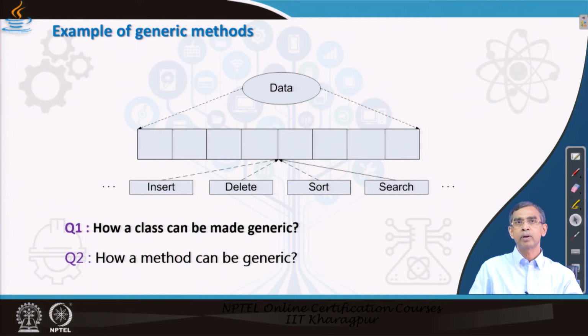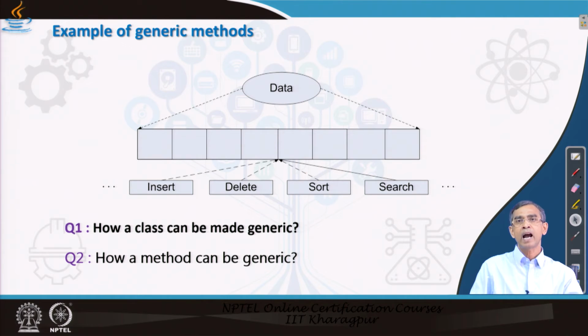So far as generic programming is concerned, I can give an example. If you want to store an array of data, you can store it using an array, which you probably know. An array is basically a collection. Now, there are different operations possible on this data.